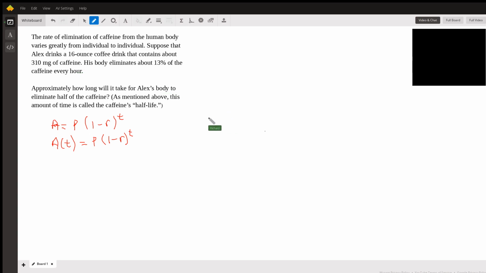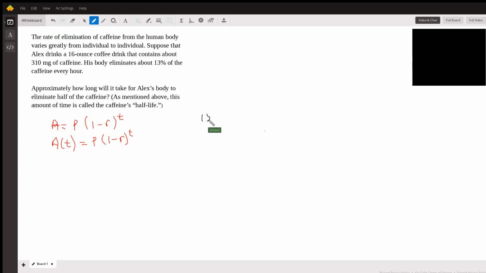So we want half as our ending amount. So it's half of that, which is 160. Sorry, half of 310, of course, is not 160. I should just rely on my calculator more often. So that's 155. Go back and fix that.